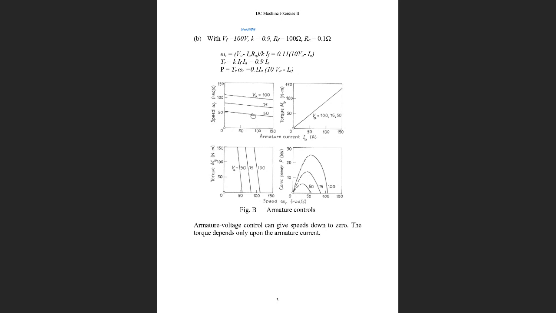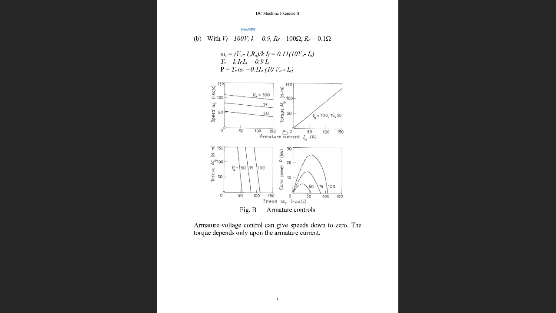So this is frequently used to control the motor speed in practice. We just suppose the motor speed is linearly proportional to the terminal voltage, so this is very easy to understand. And a signal diagram is shown here.